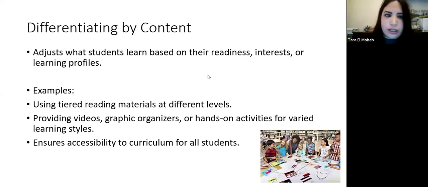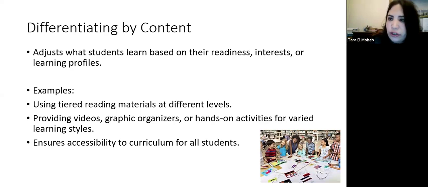Differentiating by content. First of all, we're going to talk about the content of the lesson. Adjust what students learn based on their readiness, interests, or learning profiles. Examples: reading materials at different levels, where students can acquire the knowledge, as I previously said.